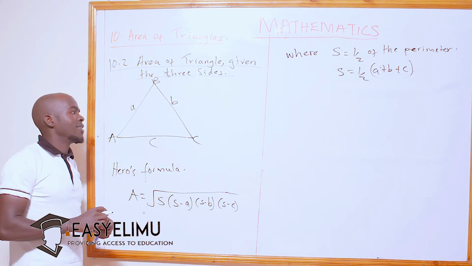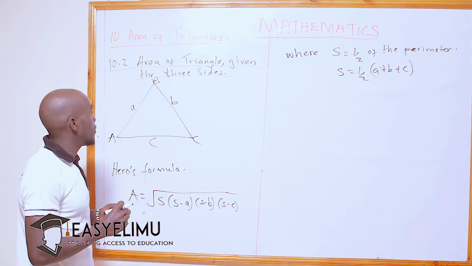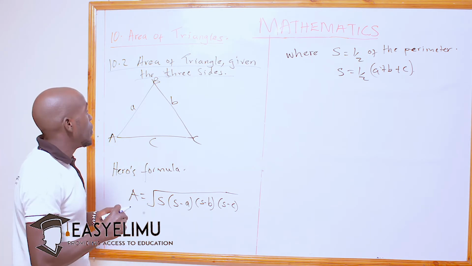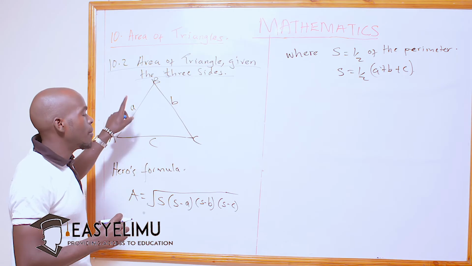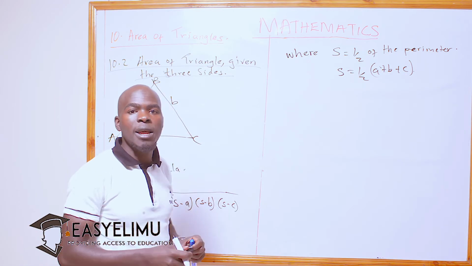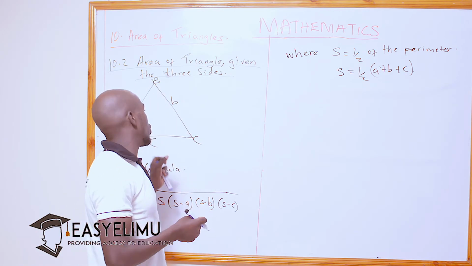A, B, and C are the sides of that given triangle, meaning that if you sum them together, you will be finding the perimeter of that triangle.